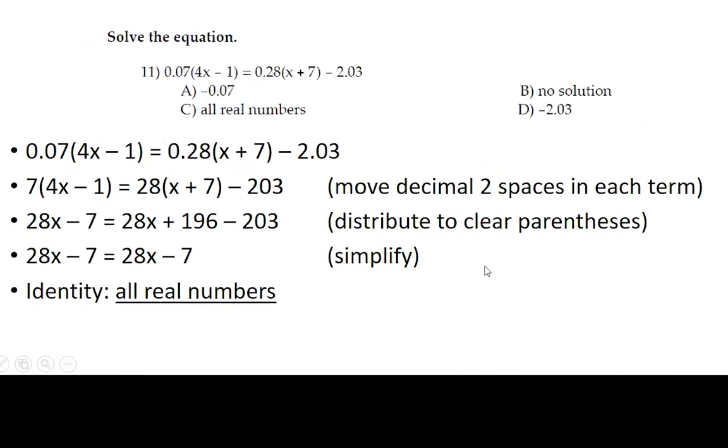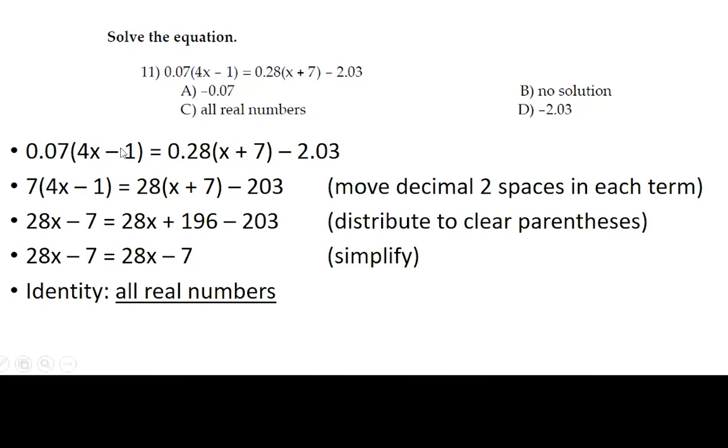Number 11. Again, we have a complicated looking equation to solve. This time it has a bunch of decimals in it. 0.07 times the quantity 4x minus 1 equals 0.28 times the quantity x plus 7 minus 2.03. Let's get rid of the decimals.